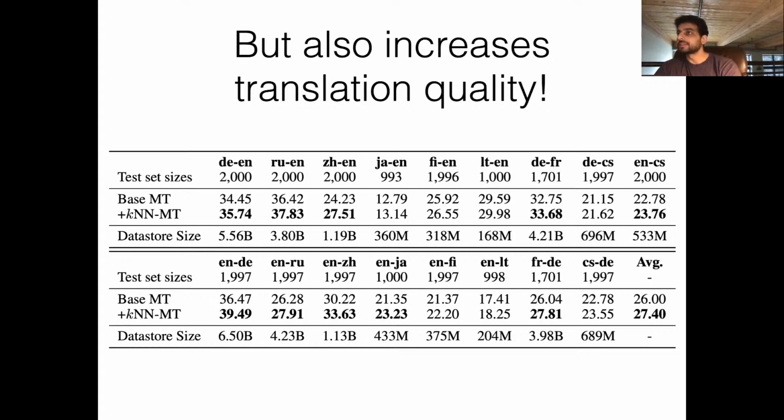I think this is relevant to Andy's question. Won't the index be huge? Yeah, it is. So here you have, for German to English, 5.5 billion different representations in your data store or your retrieval corpus. So yeah, you're paying. If it's worth it depends on your particular use case.